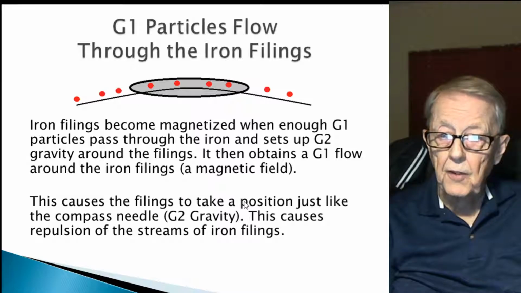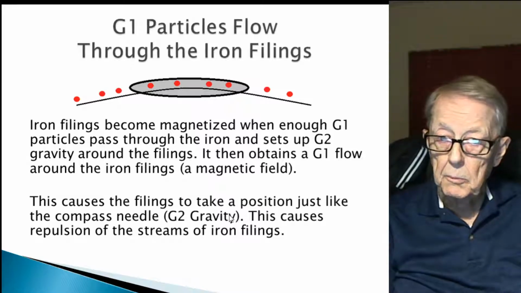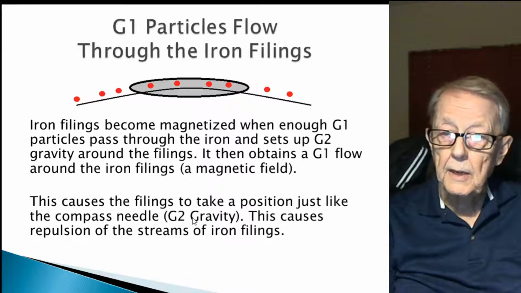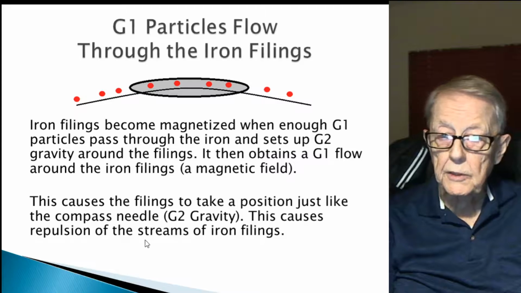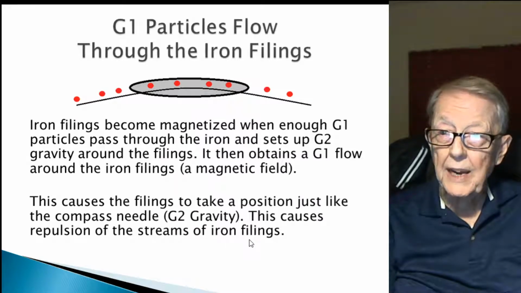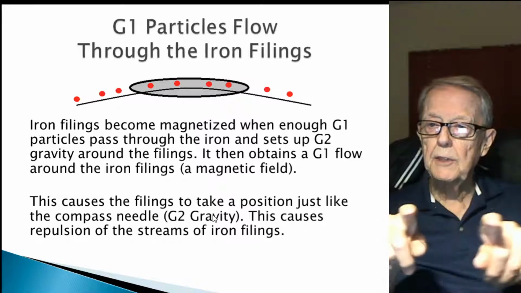This causes the filings to take a position like the compass needle, first by G2 gravity. And then that magnetic field causes the repulsion of the streams of iron filing. Each stream now, all lined up, sort of goes against each other.